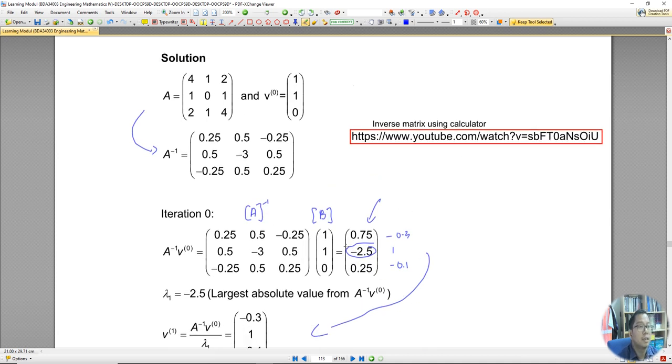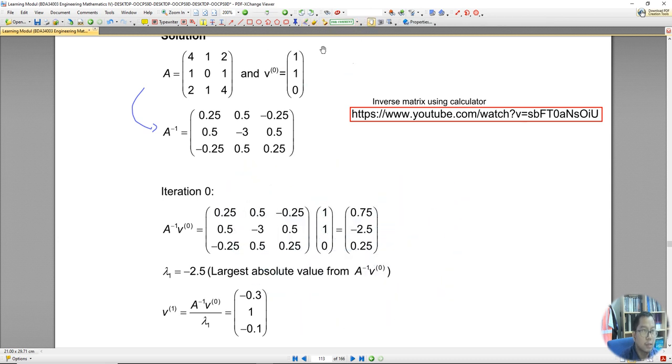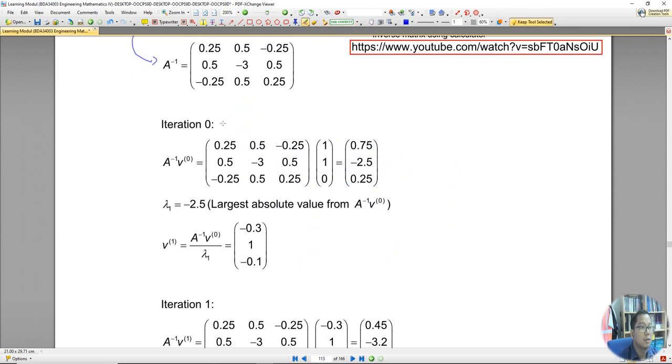Let's say we already have the inverse matrix A. Then, same as the previous class, we multiply the inverse matrix A by the initial eigenvector given before.